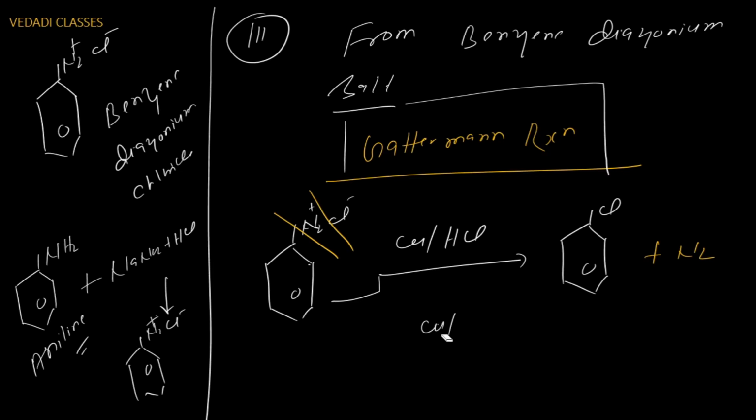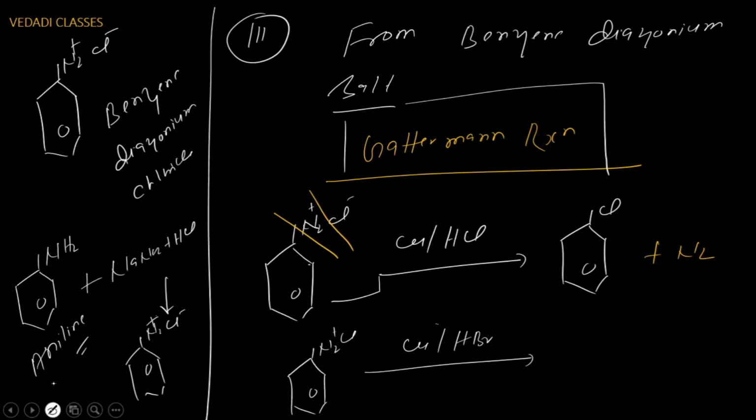Suppose we take the benzene diazonium chloride, and in presence of copper and HBr, again nitrogen is out from here, and bromobenzene is formed plus nitrogen. This is the Gattermann reaction.